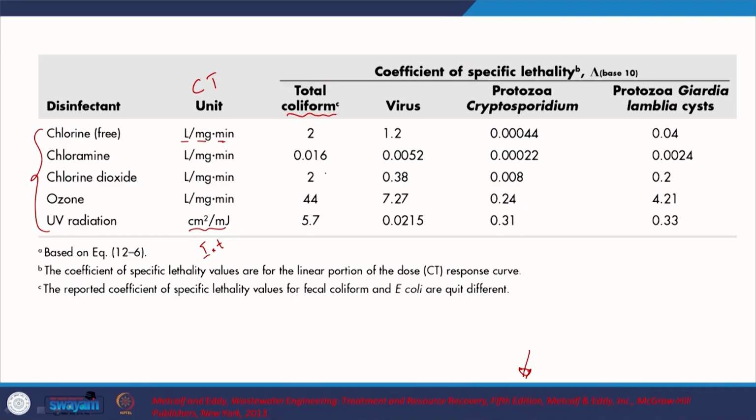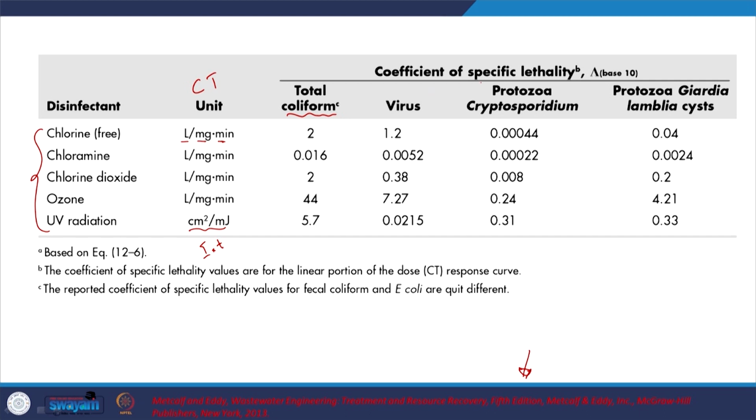So, it will give us an idea about contamination due to human feces. Total coliform includes different sets of coliform. If we want to look at feces contamination specifically, we look at fecal coliform, but in general total coliform is also fine for wastewater, I guess.